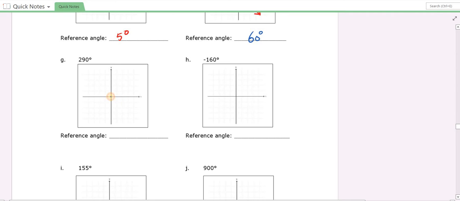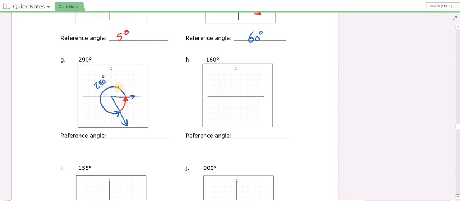The next angle, which is 290 degrees, I know that 290 degrees happens to be in the 4th quadrant. Here is the initial side of the angle. 290 degrees, this is 90, 180, 270, 290, approximately here. So this is 290 degrees approximately. Now the reference angle is going to be this angle right here, starting from the terminal side of the angle to the x-axis, and we're going to measure the acute angle, not the obtuse one.